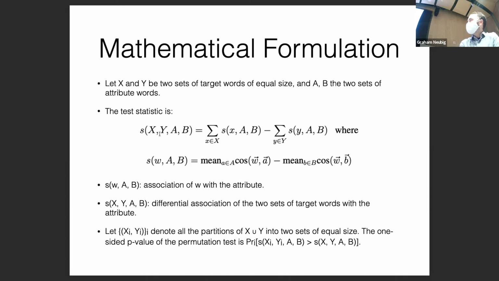So basically, if there was no difference between them, we would expect this to be very close to zero. If there's a significant difference between them, we'd expect it to be larger or smaller.